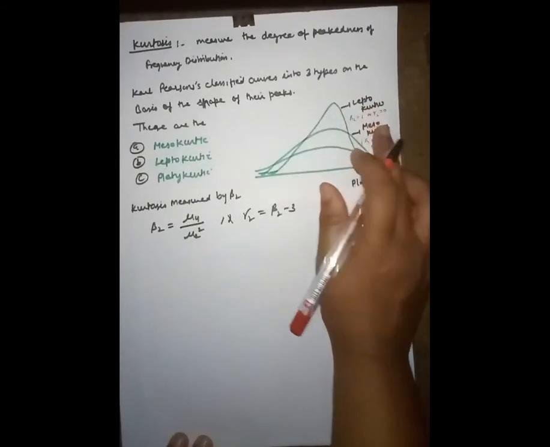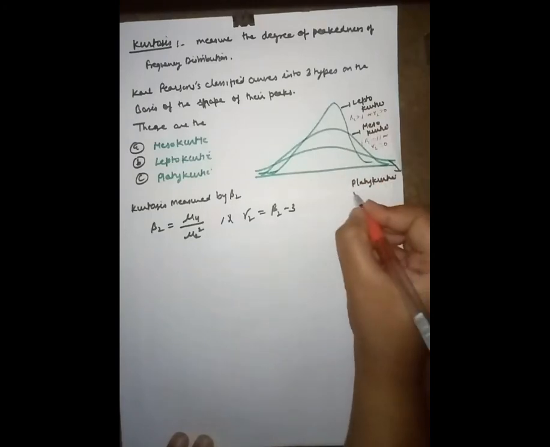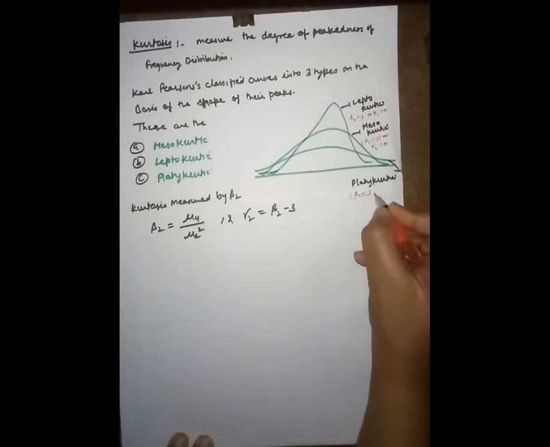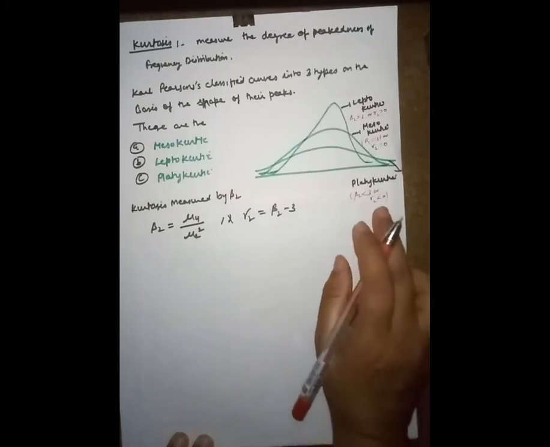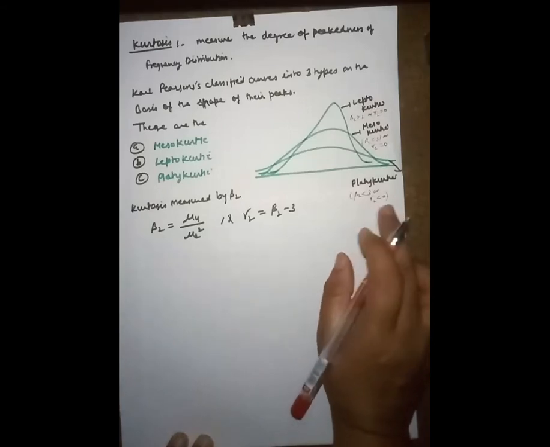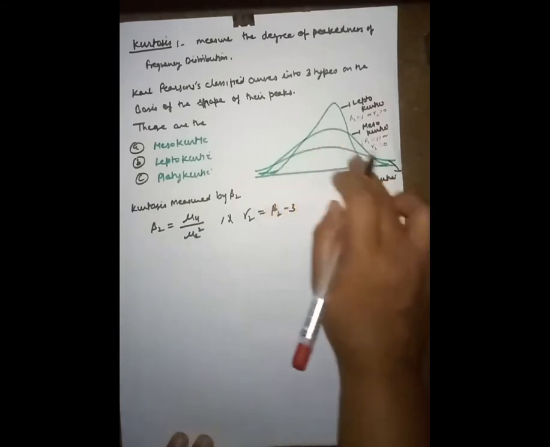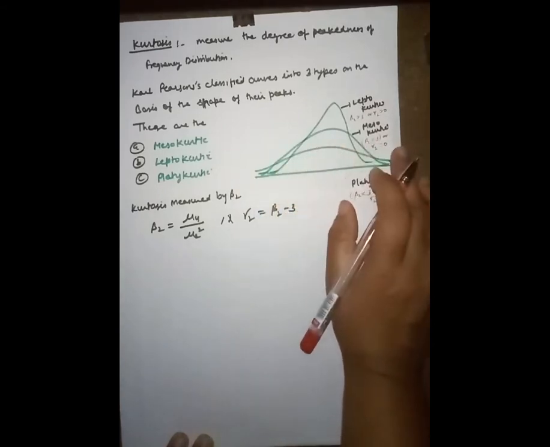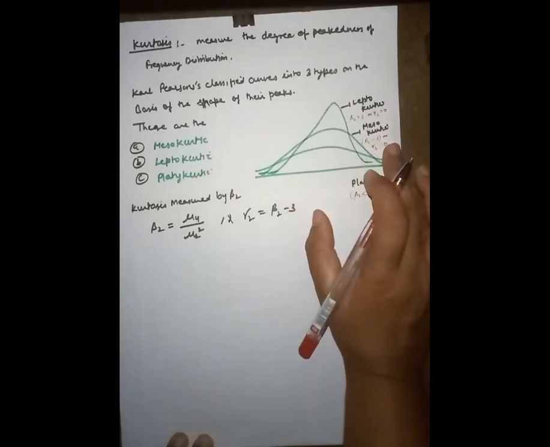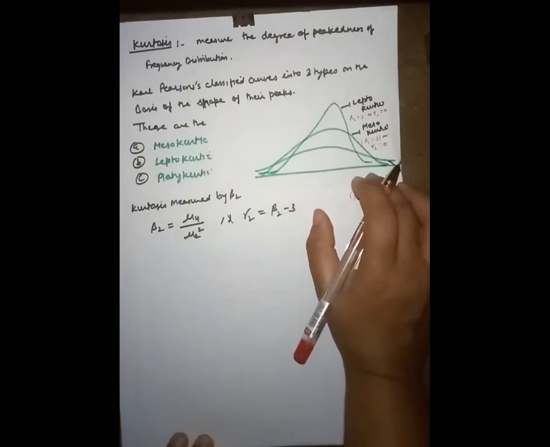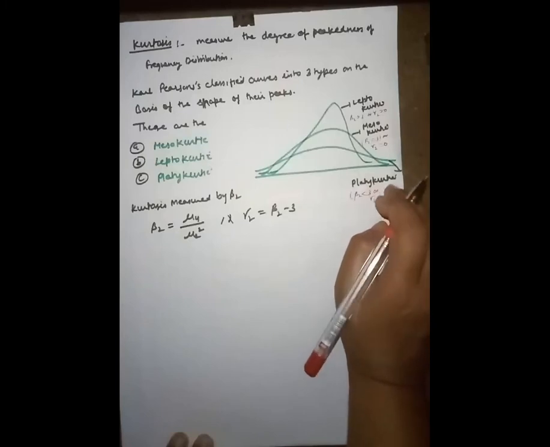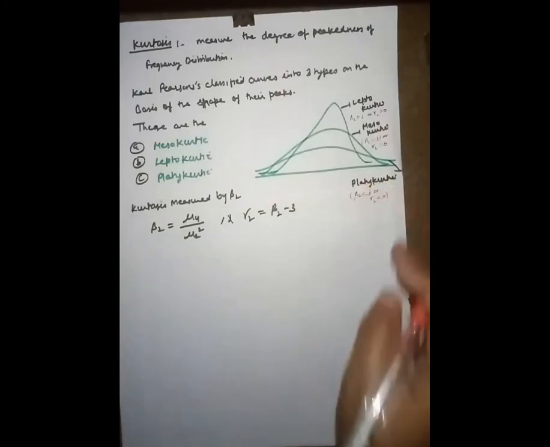In case beta 2 is less than 3 or gamma 2 is less than 0, the curve is less peaked than the mesokurtic curve and is called a platykurtic curve.